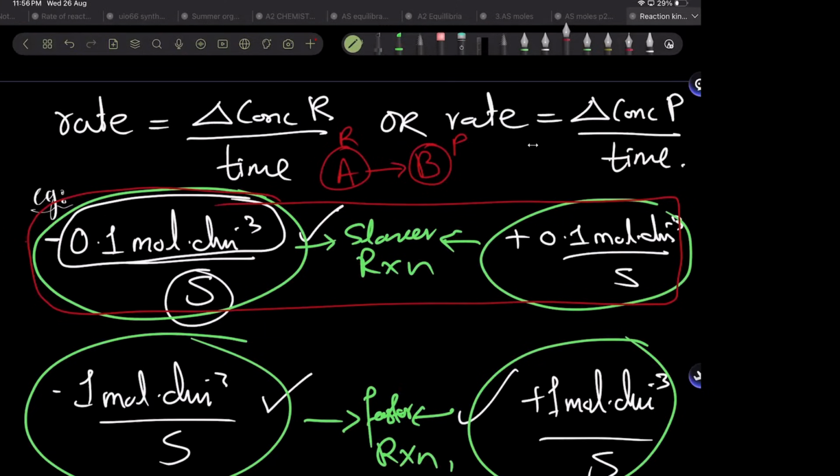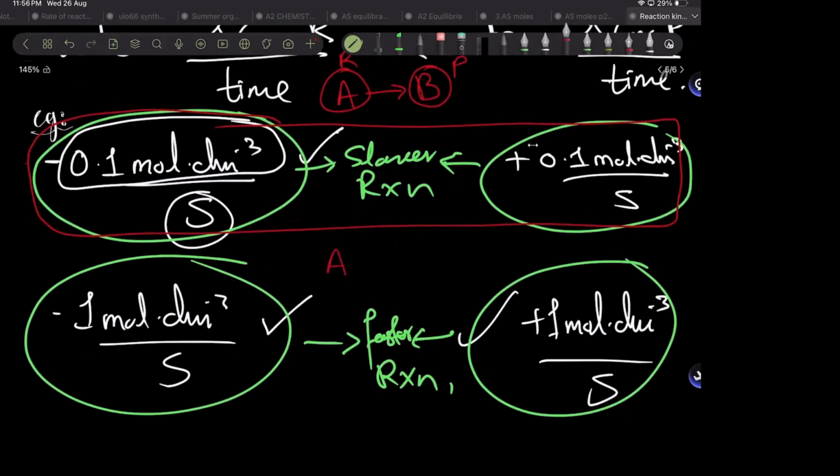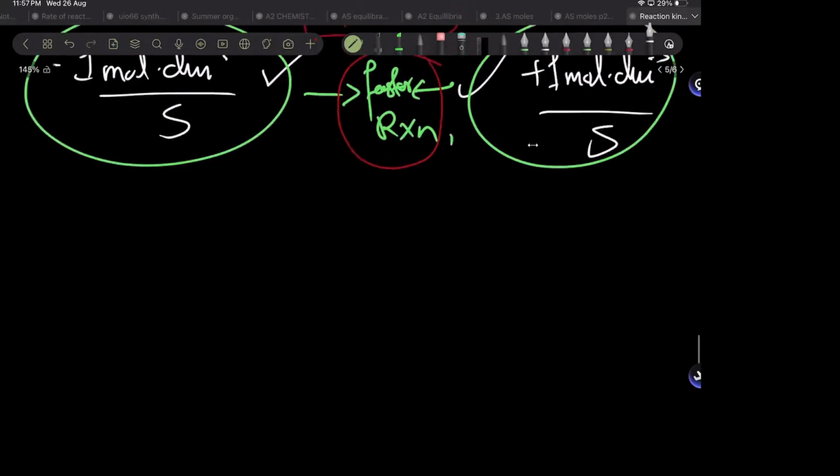The rate of reaction was slow. But how do I make this same reaction faster so that more product is formed or more reactants are consumed per unit time? So there are ways to make this reaction faster, all right? And those are the factors that affect the rate of reaction.